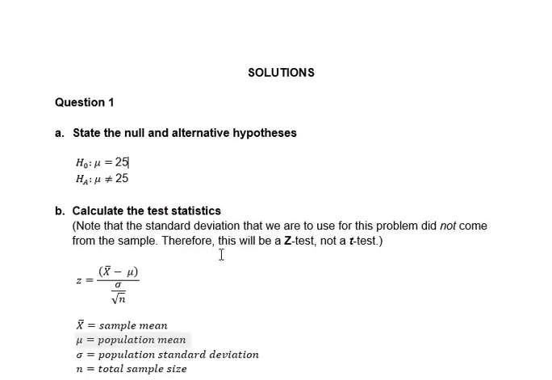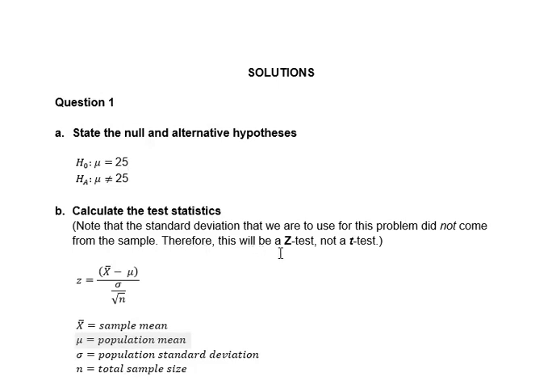Okay, so we go to step 2. Step 2 is calculate the test statistic. When we want to calculate the test statistic, there's a note I put here for you to understand. It states that the standard deviation we are to use for this problem did not come from the sample.